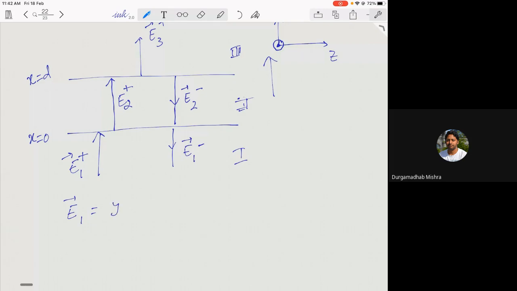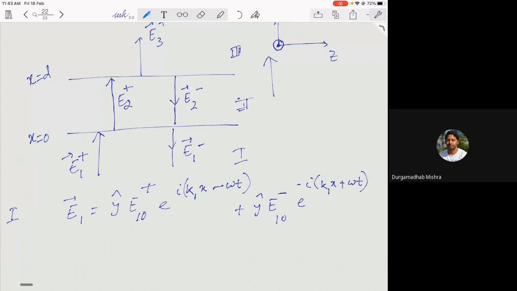If I assume that the electric field is along the y direction, I can write y-cap E10 plus, in medium 1, as exponential of i(k1x minus ωt), plus y-cap E10 minus, exponential of minus i(k1x plus ωt).